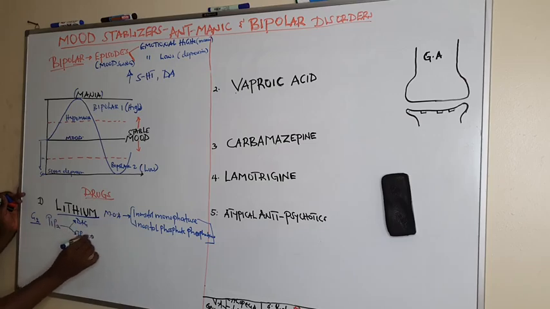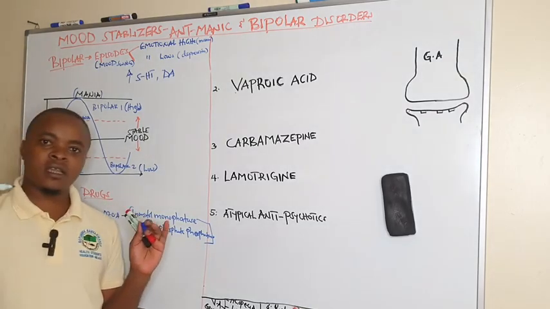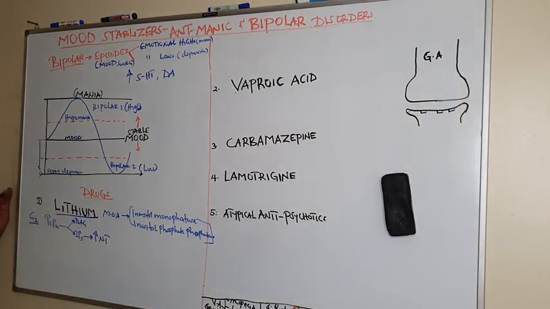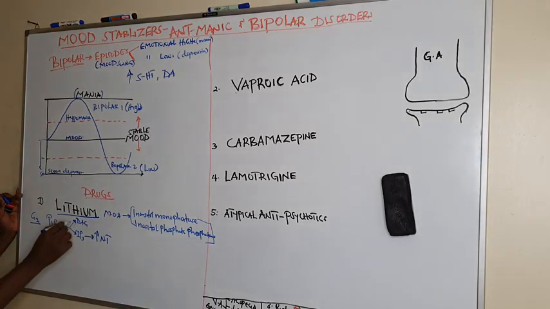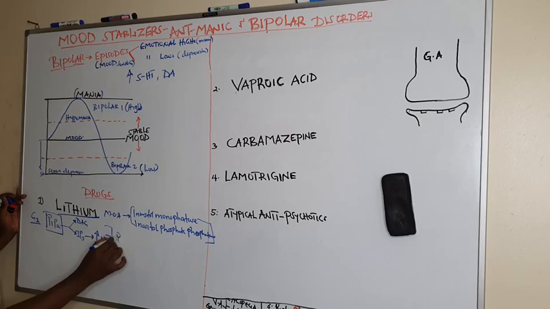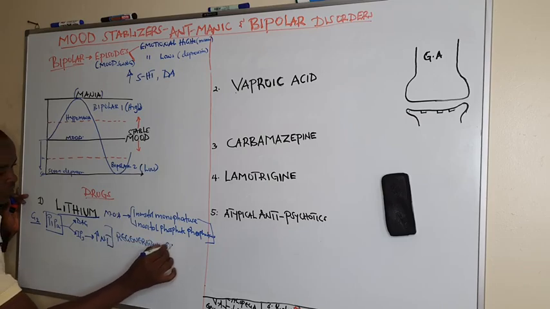This increased IP3 is the one that increases release of neurotransmitters. So what happens? Lithium crosses the CNS and suppresses regeneration of IP3 or PIP, but majorly it inhibits regeneration of inositol.